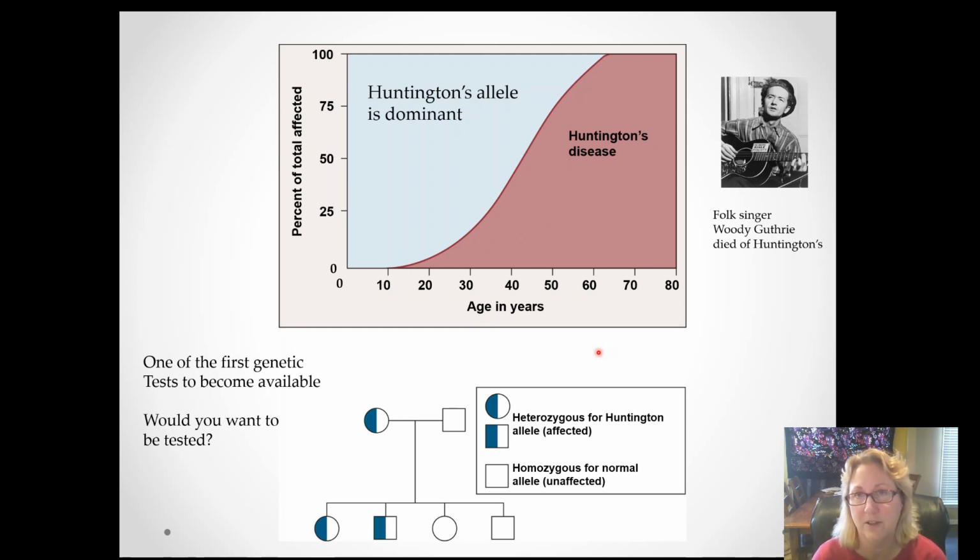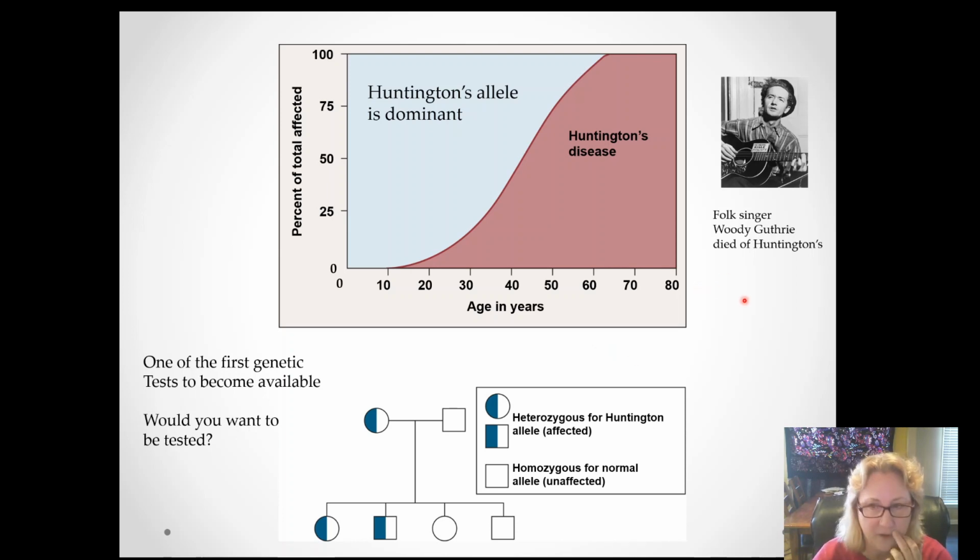That can be difficult unless you have a population where there are lots of affected individuals. So they found such a population on an island, I believe off the coast of Venezuela, if I remember the story right. They had the highest incidence of Huntington's in the world. And by studying that population in the 1980s, they were able to isolate the gene that causes Huntington's.